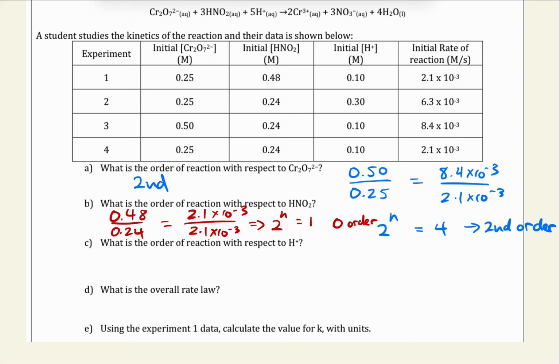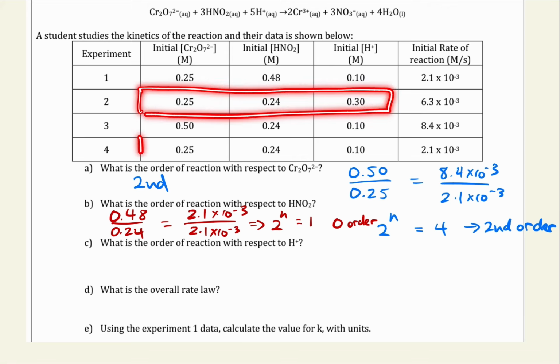Lastly, to figure out the order of reaction for our H+, we will look at experiments 2 and 4. Notice how the other 2 variables are held constant.